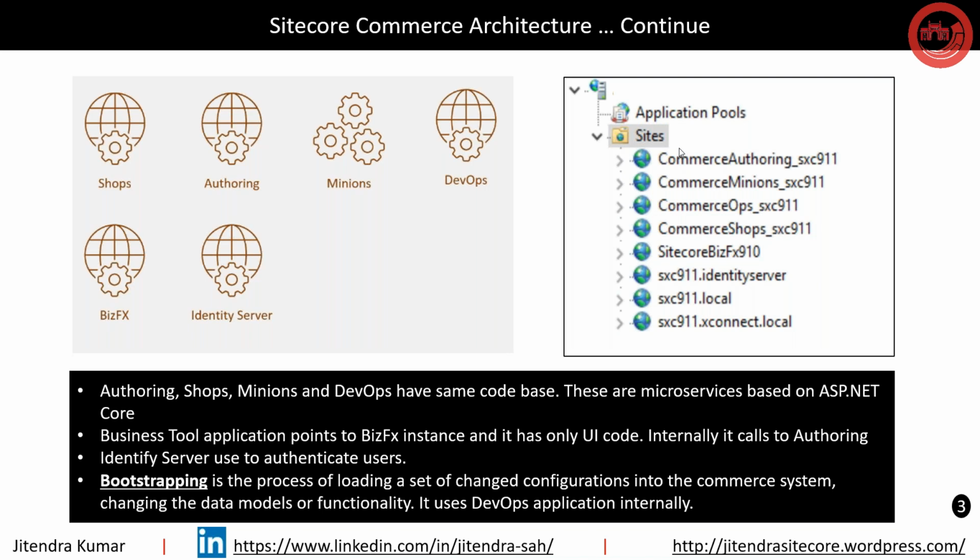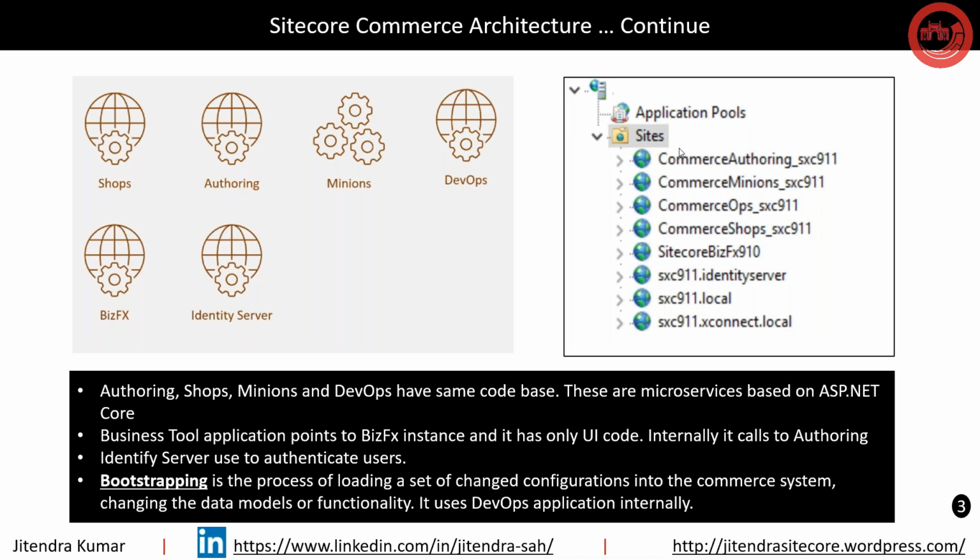So you need some system to maintain all these things. Authoring is used by the CM people, or you can say commerce authoring, where people can create these entities, like catalog, products, sellable items, inventory, pricing, and all these things. We'll elaborate on it a little bit later in detail.